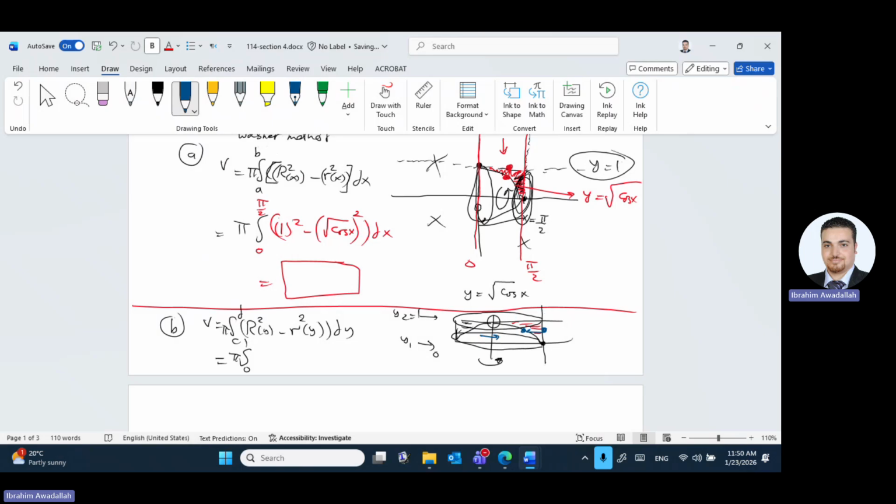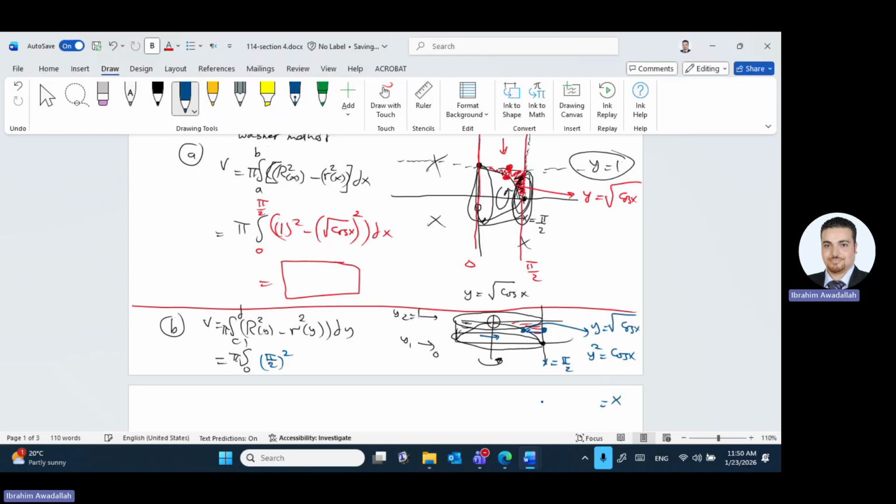This function x, we need it per y. What does x equal here? Pi over 2, so this will be pi over 2 squared. Now for this function, y equals the root of cosine x, so y squared equals cosine x, so x equals cosine inverse of y squared, whole squared.